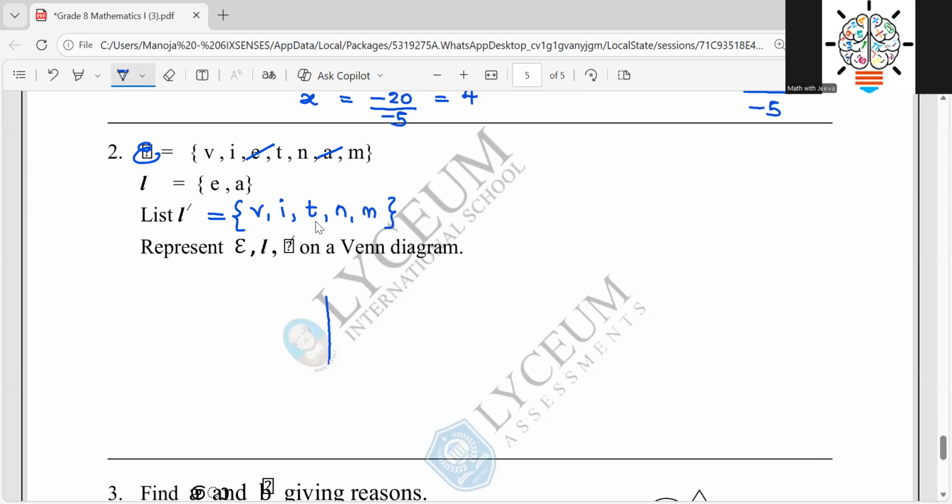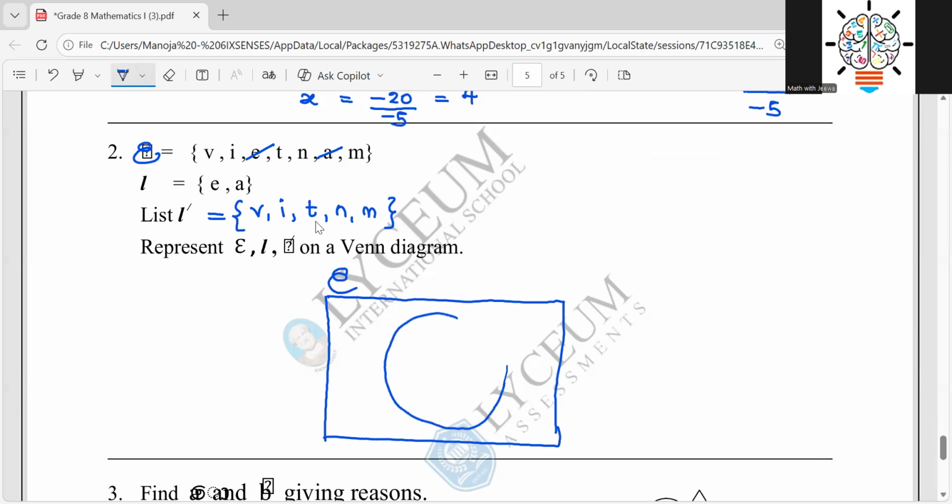And how are we going to show this in the Venn diagram? First, you want to have the rectangle like this, and this is the universal set, and you draw the set and mark it properly like this, right?